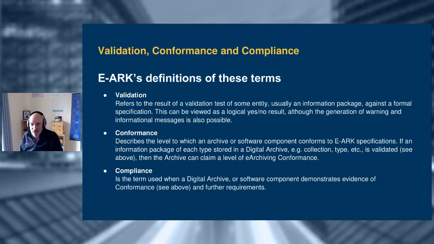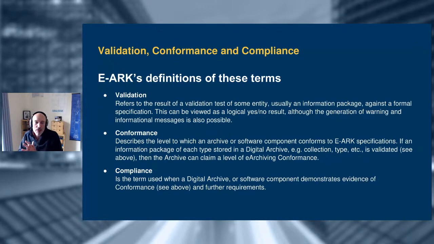And if every information package you sample across different collections and different information package types is valid, then the archive can claim a level of conformance. That level of conformance would really depend on how representative your samples are. Obviously, if you take one of each or a very small sample, you can claim conformance, but the claim's quite a tentative one. If you're happy that your samples are representative and provide good coverage of your collections and information package types, you can claim a fairly high level of conformance or a fairly high level of confidence in that conformance.